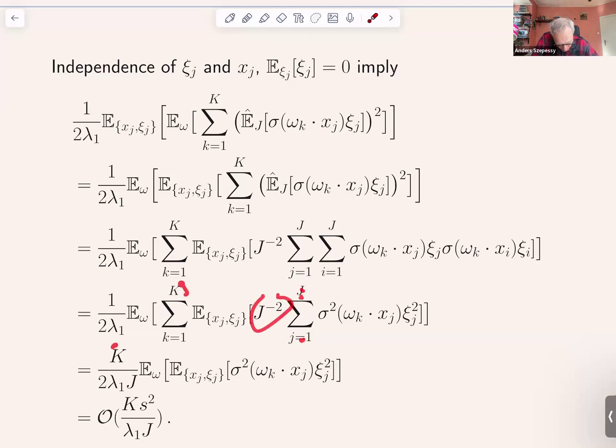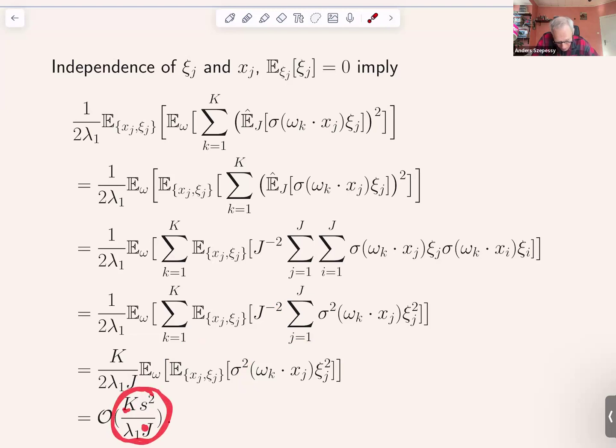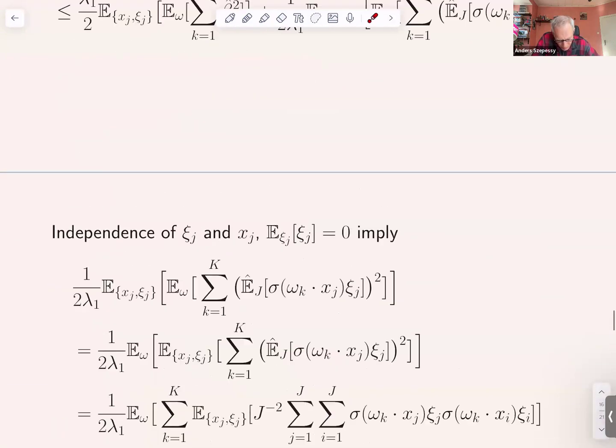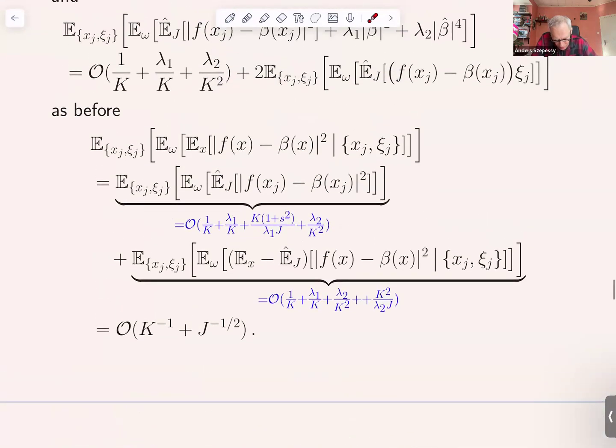And from here we get k terms, and then 1 over lambda 1 and j, this j and this j gives 1 over j. And then we are left with the square here of the noise, which gives the variance s squared and some constant. And we have obtained the estimate we wanted, k over j. So that finishes the proof of this estimate here, that the training error satisfies that estimate, K over J.